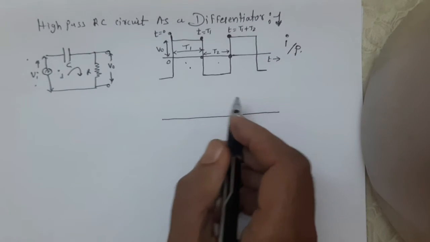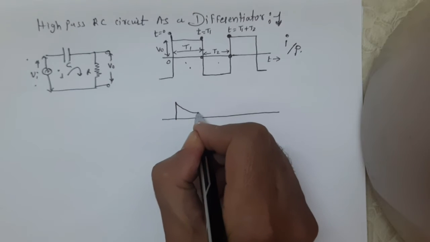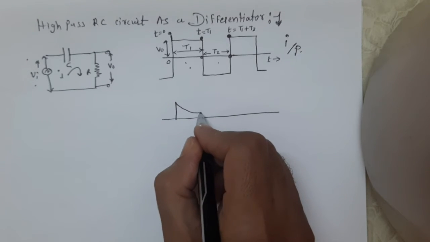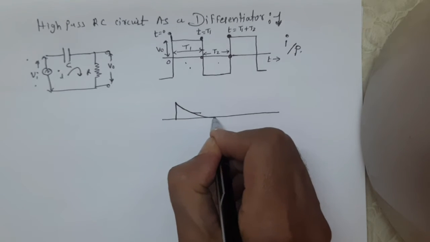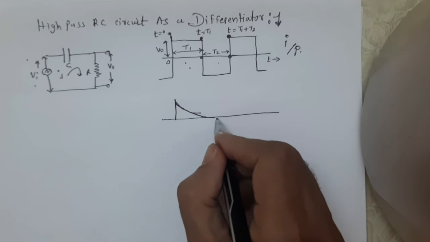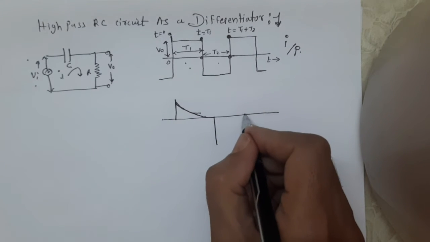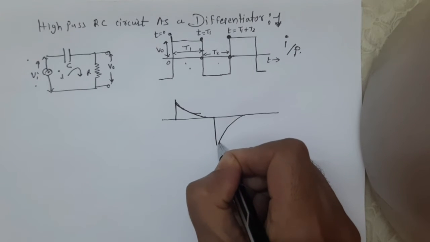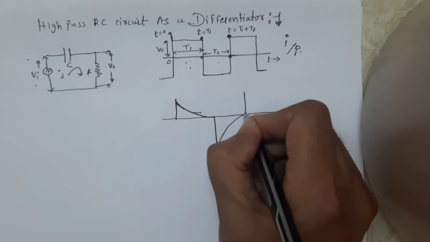Be careful: it goes nearly to 0, but it is not equal to 0, because of the change in the RC value. Then again it goes to maximum, the input waveform is differentiated again, and we get a spike.